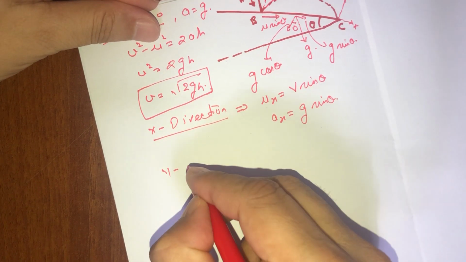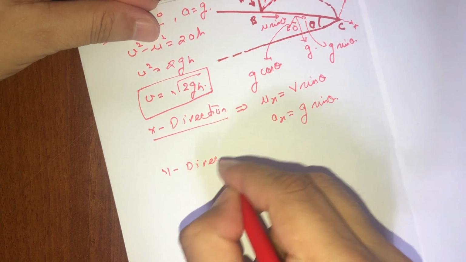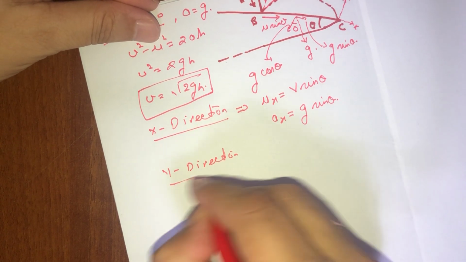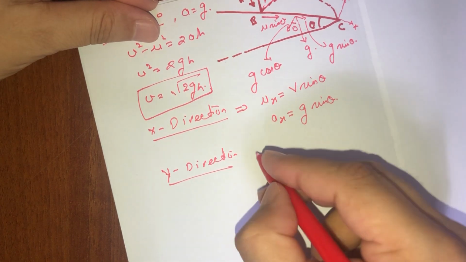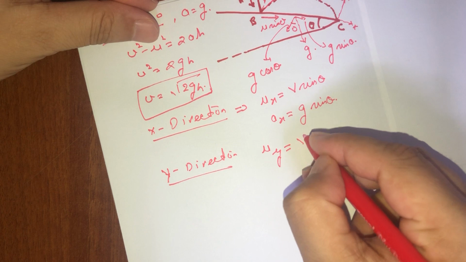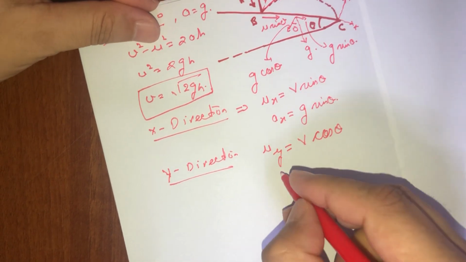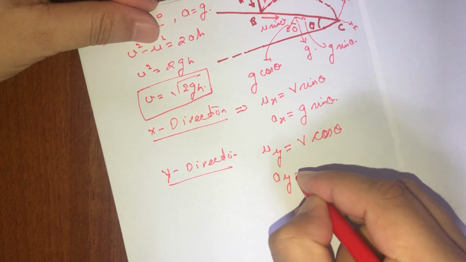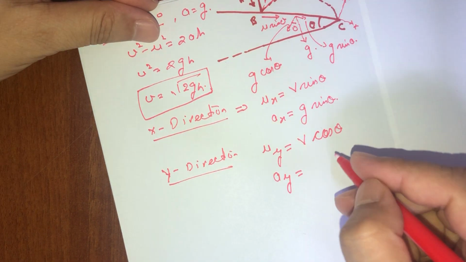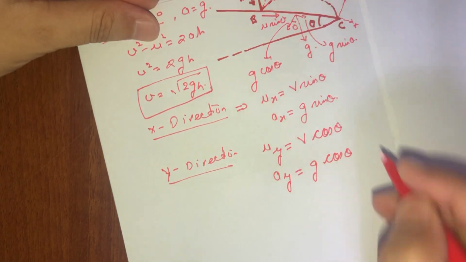In y direction, we can write u of y will be equal to v cos theta and a of y will be equal to g cos theta.